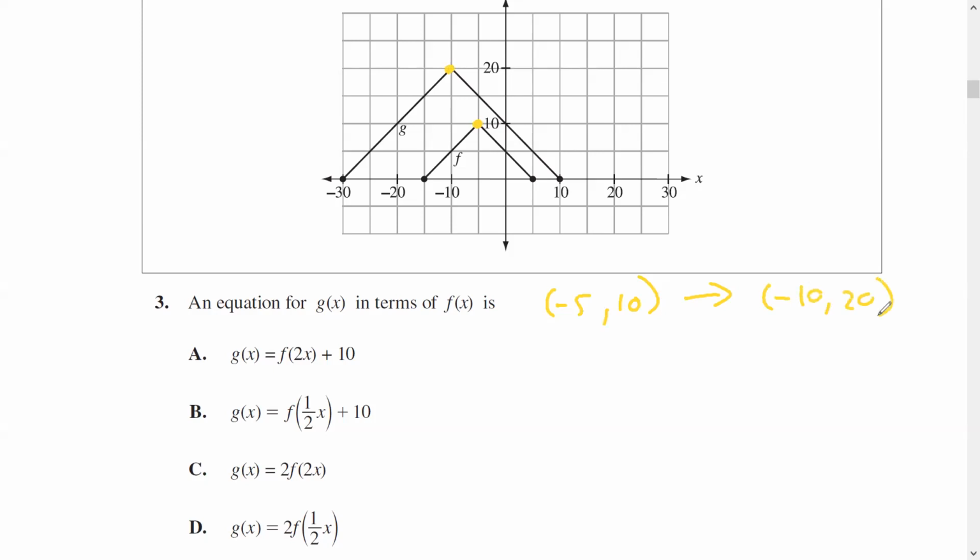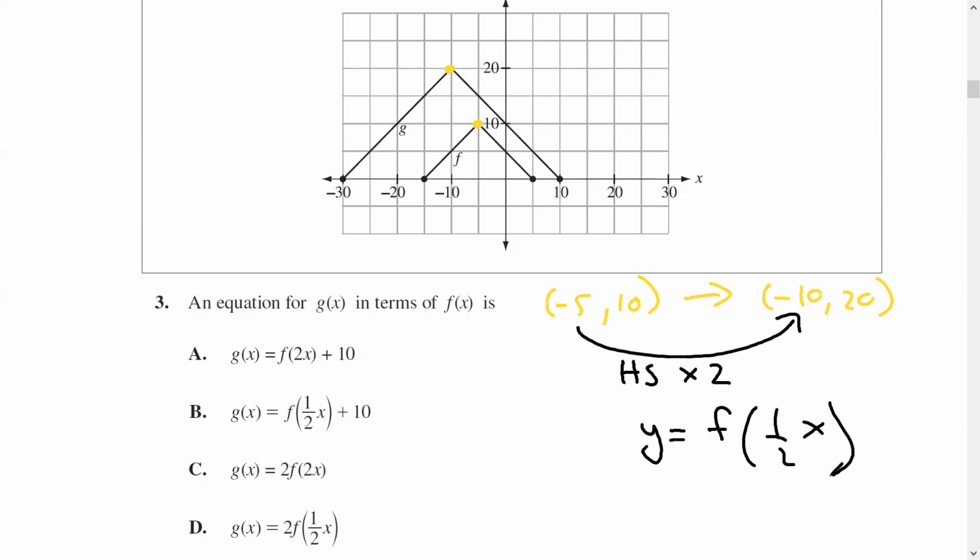So I'm going to say to myself, well, how did I get from -5 to -10? I multiplied it by 2. So I had a horizontal stretch by 2. In my function, remember, you need to take the reciprocal when you build it. So I know for sure I'm either B or D. The question is now, what happened vertically?